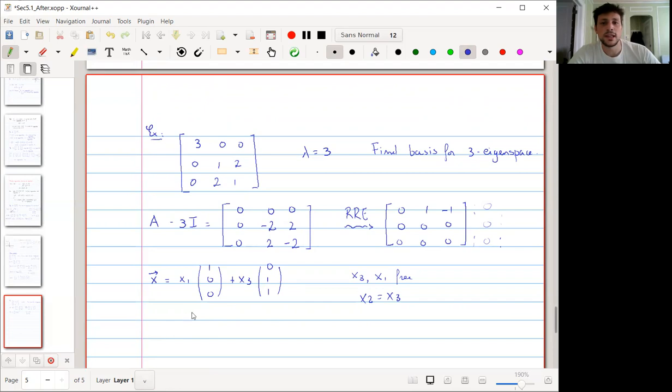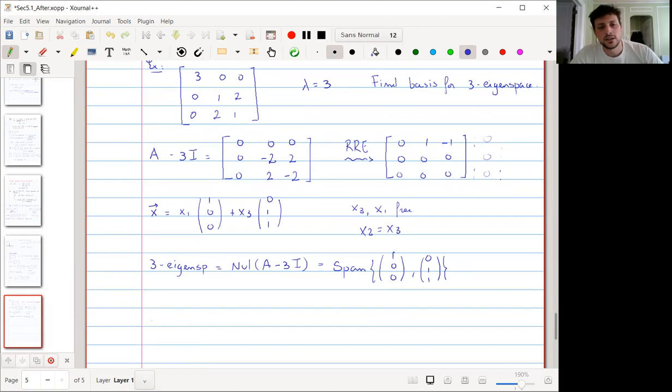So the 3 eigenspace, which is the null space of A minus 3 times the identity, has a basis 1, 0, 0 and 0, 1, 1. I will write that it is the span of the linearly independent pair of vectors 1, 0, 0 and 0, 1, 1.